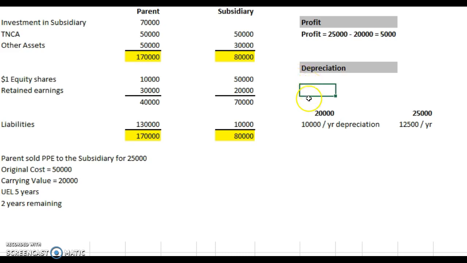And the depreciation, well, we have it here. The parent was depreciating the carrying value, which equals 20,000. Depreciation per year was 10,000.